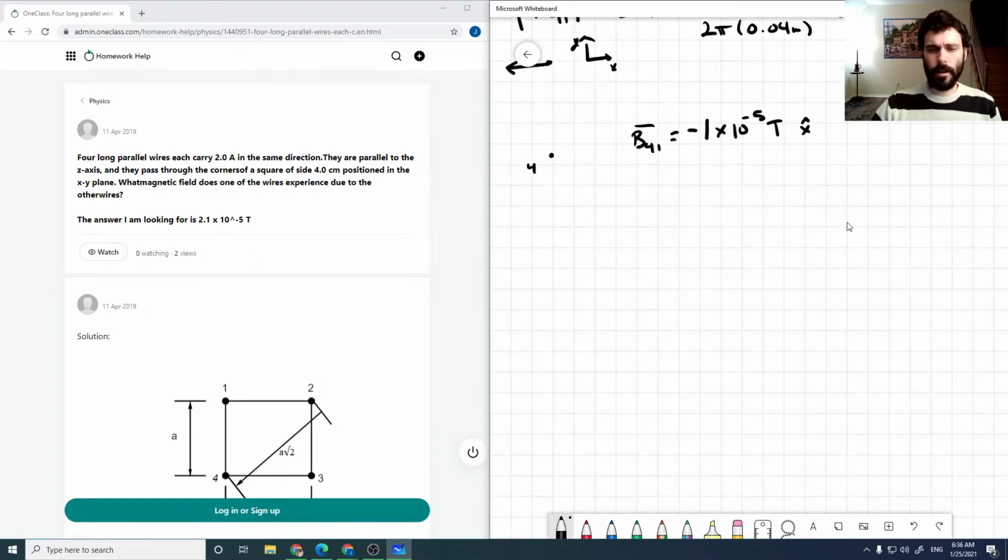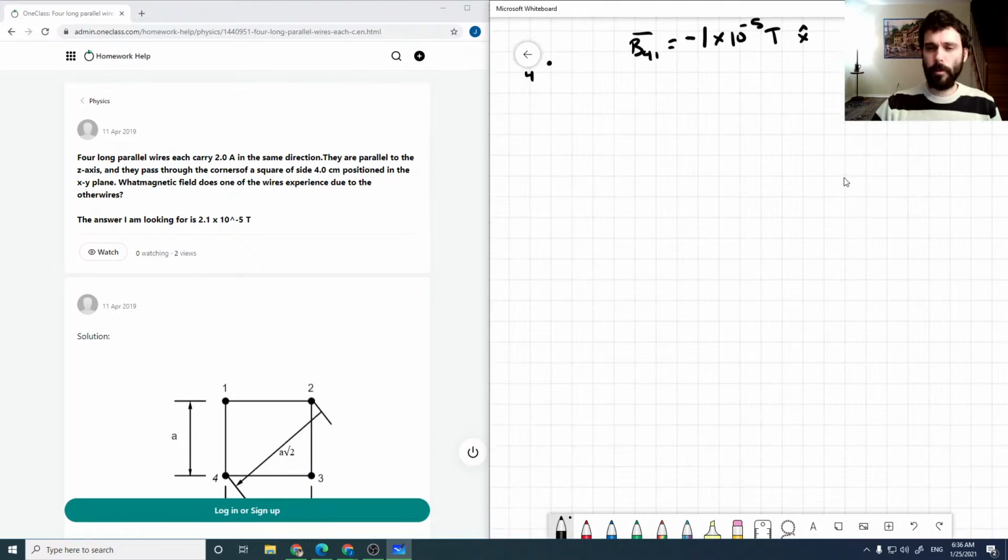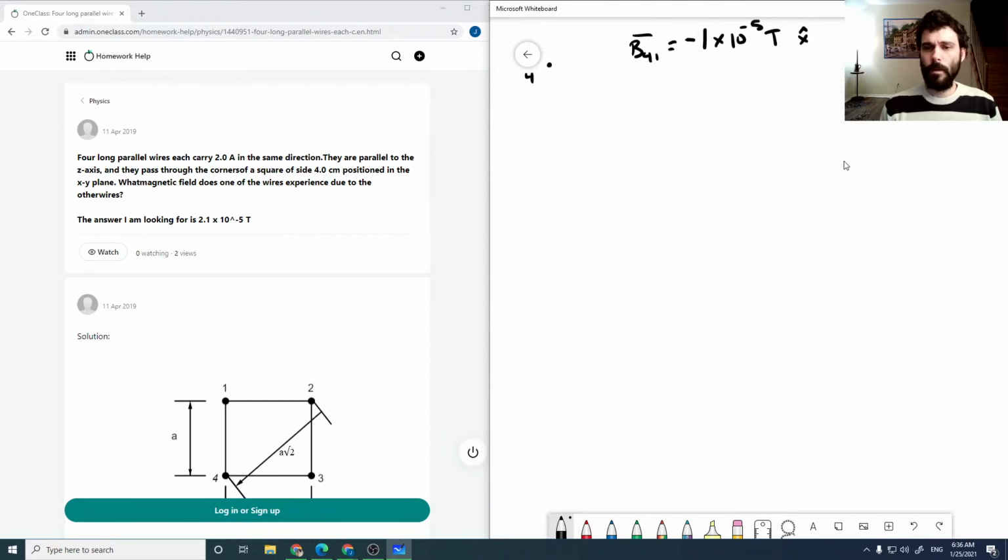Okay. And then 3 is now the trickier one. Now we've got a side size of 4 centimeters.